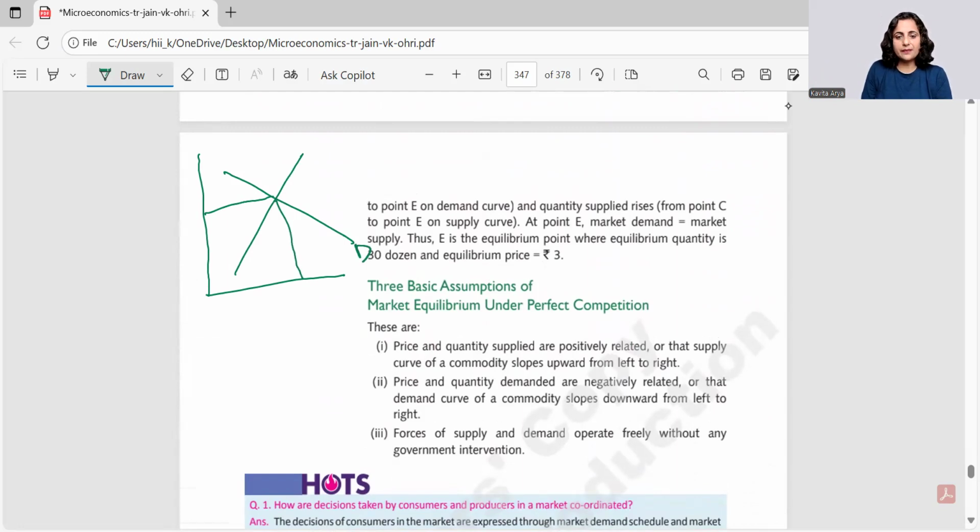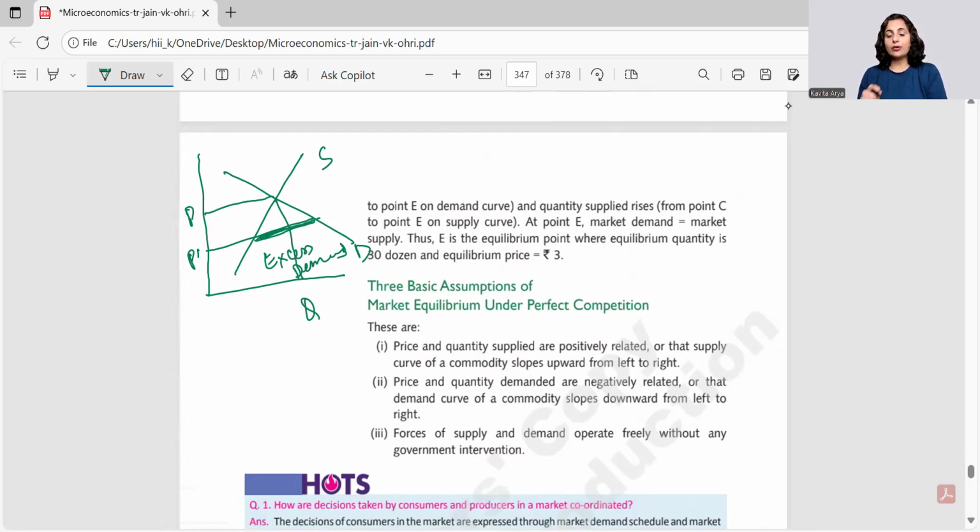So this is demand curve, this is supply curve, and where is excess demand? When the price is below this equilibrium price, when for some reasons the prevailing price is less than the equilibrium price in the market, what does it result into? This situation where we have a gap in demand and supply, and we call it excess demand.